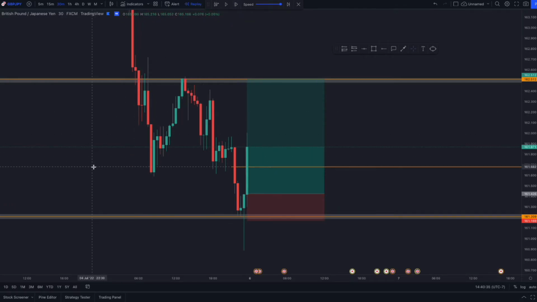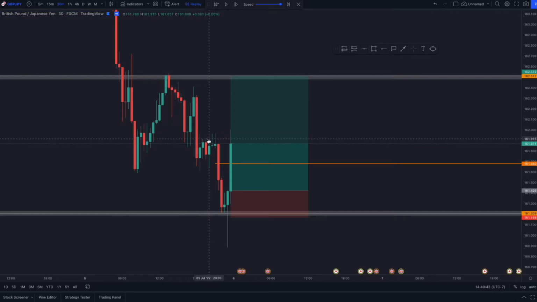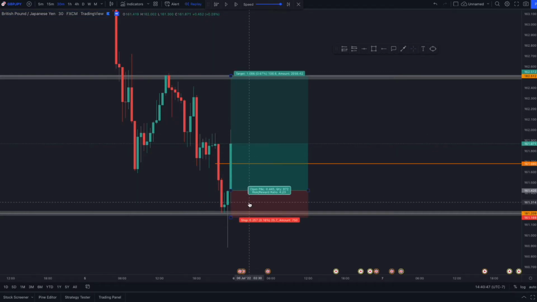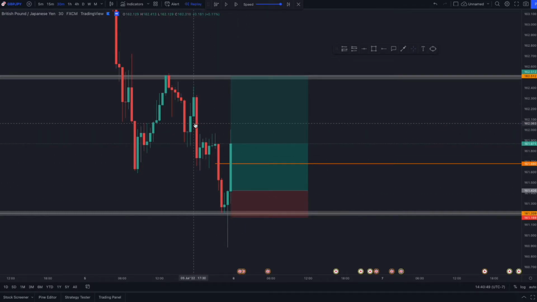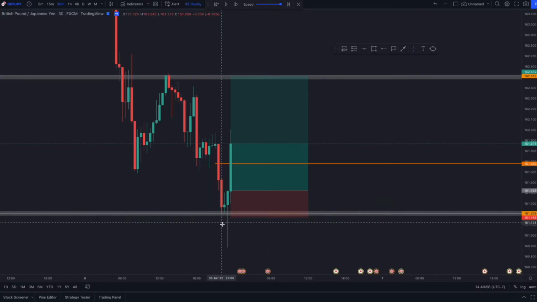Okay, we are very bullish. We're at break even. Okay, at this area, right over here, we could reject and go back down and get stopped out at break even. But I'm trusting this liquidity grab to continue pushing back up because every time we have a liquidity grab and we close bullish like that, we usually go back to the next resistance.